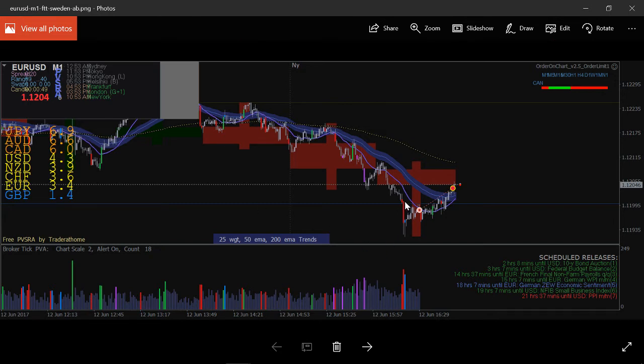We got a huge red candle that broke the key level, which here would be 1.12000. So I waited until it bounced back, and once it broke there was a retrace back to the key level, and then I entered here.